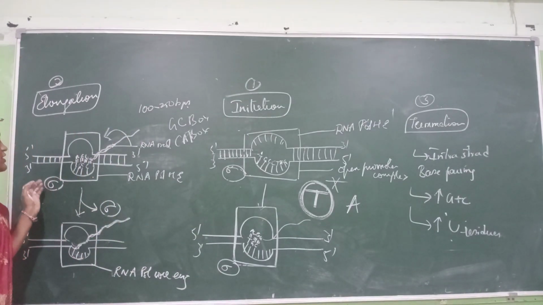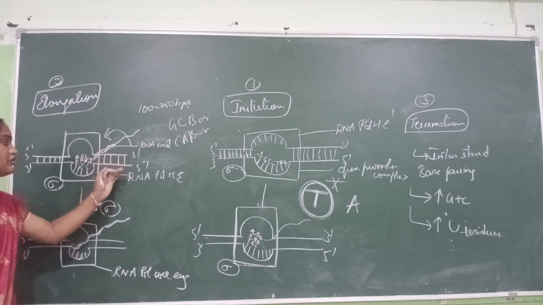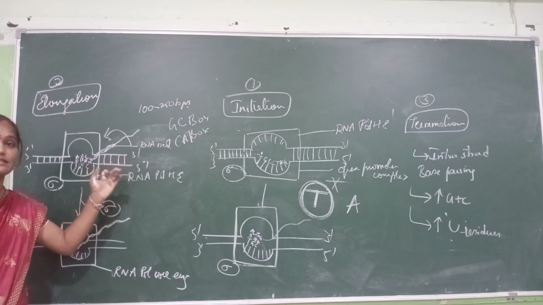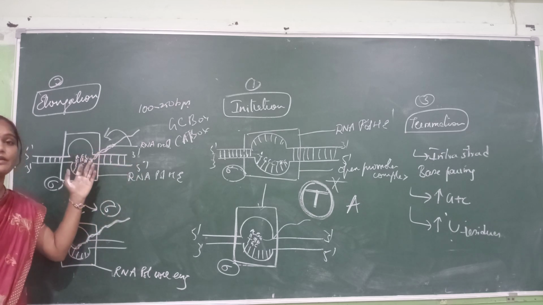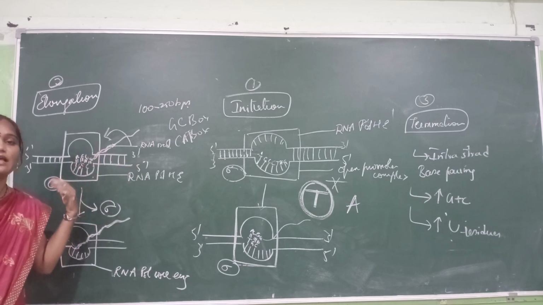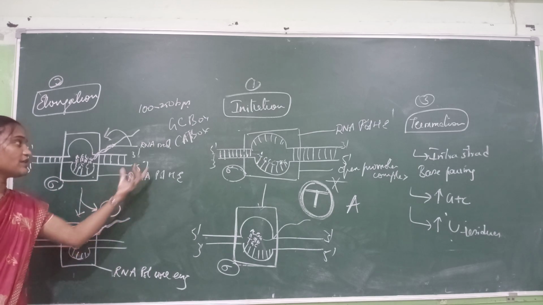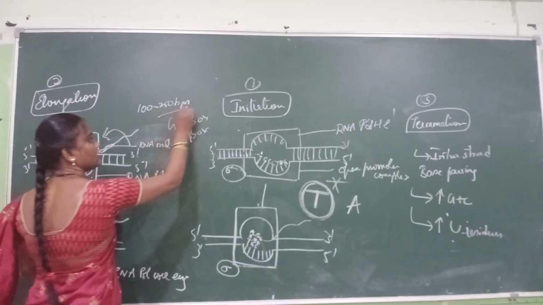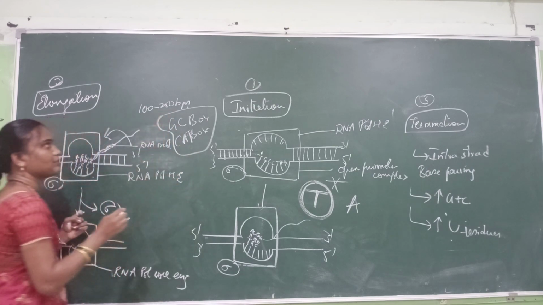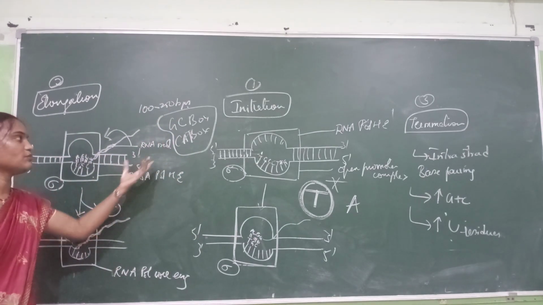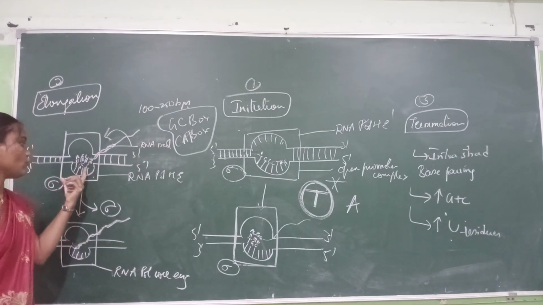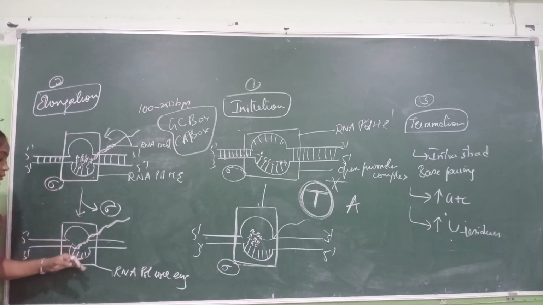Now coming to elongation. In elongation, what happened? The growing chain is synthesizing continuously, and while this chain is synthesizing, the RNA polymerase holoenzyme is activated with the help of 2 sequences, that is the GC box and CAT box, which are present upstream or downstream to your promoter complex or promoter region.